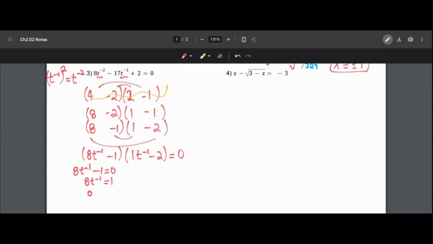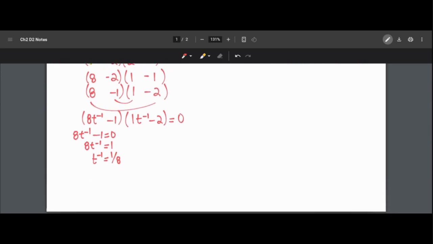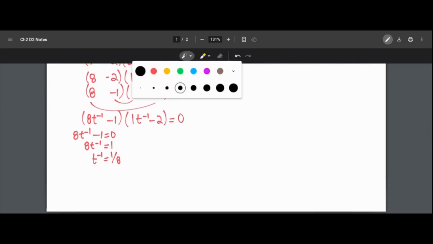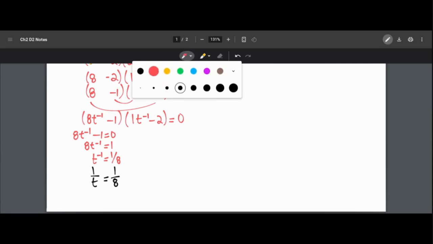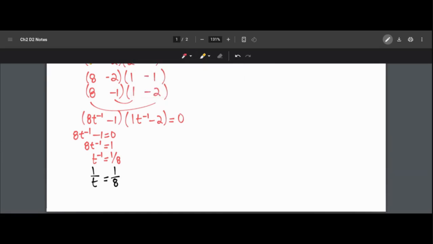And then I have t to the negative 1 equals 1/8. All right, now how do I undo a t to the negative 1? So this one, I would suggest you write it as 1 over t equals 1 over 8, right? T to the negative first means that I just move the variable t to the denominator. So now I can cross multiply, and I get t equals 8.